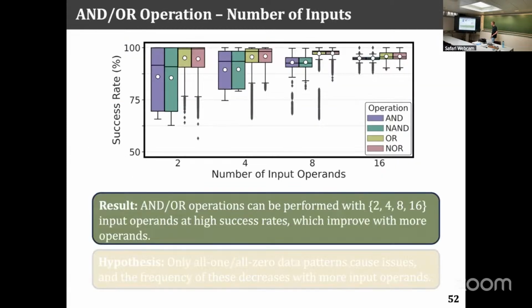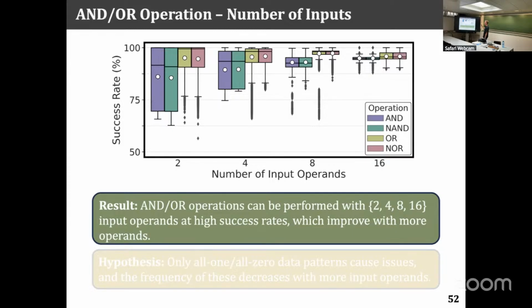So in terms of the results achieved, it's the opposite in terms of number of operands than for the NOT operation, which is interesting. The more operands you use, the more reliable the operation gets. And one thing to know here is that the authors, to come up with this plot, randomly put values in memory, so they randomly initialized all the cells.